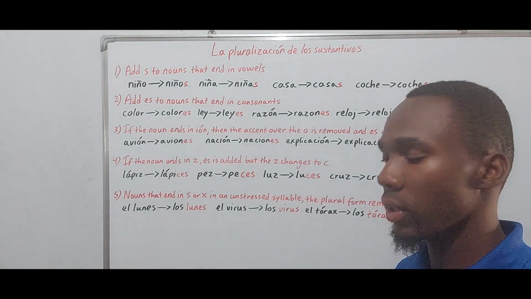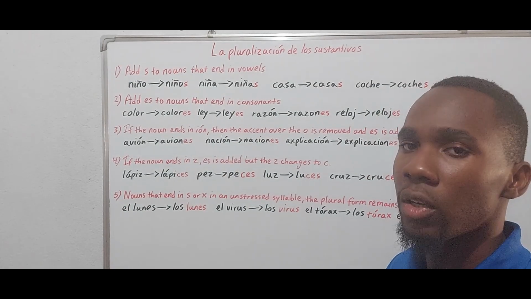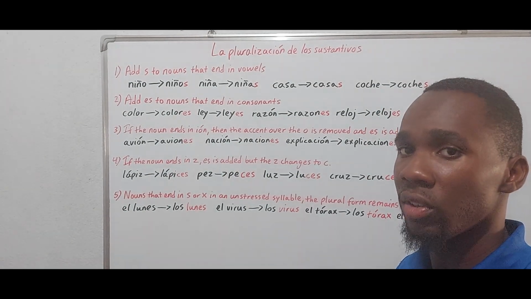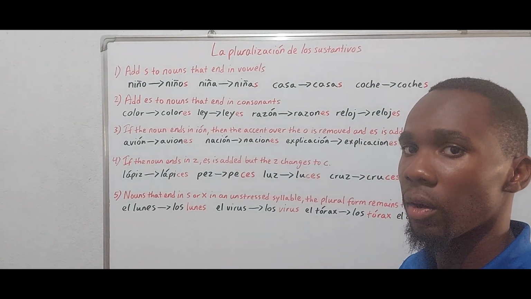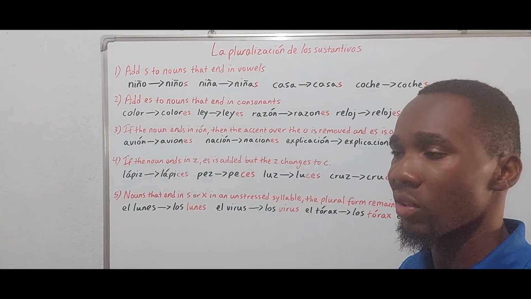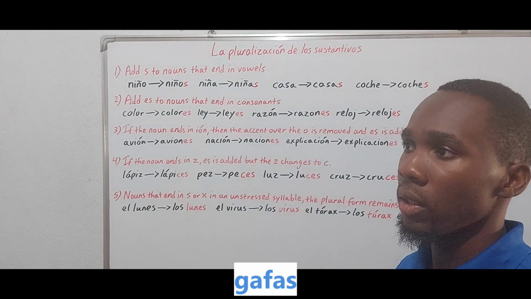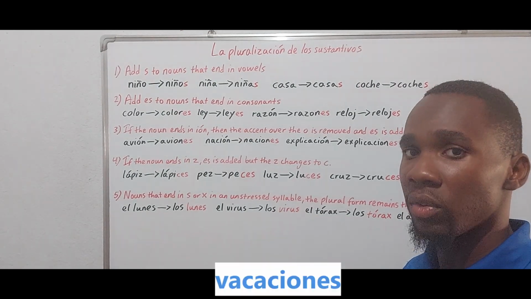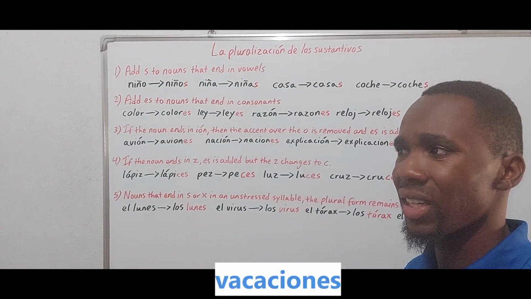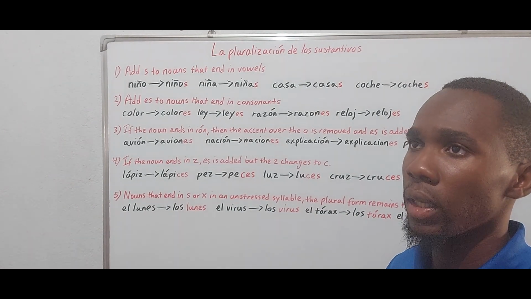Oh, I forgot one more thing. There are some nouns that are always used in the plural. There is no singular form. Gafas, we don't say gafa. We always say gafas, which refer to glasses. Vacaciones, we always use vacaciones in the plural. We don't say vacación. Okay?